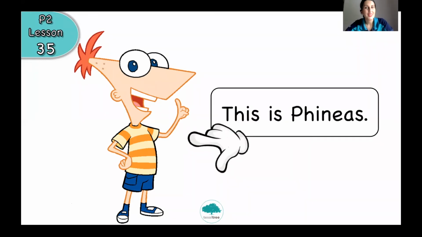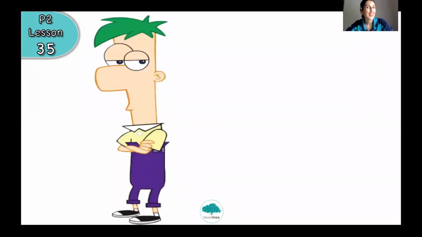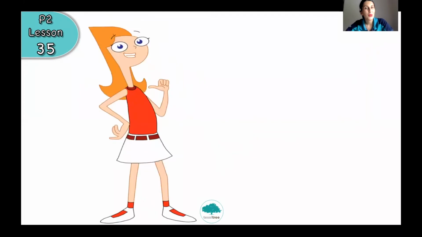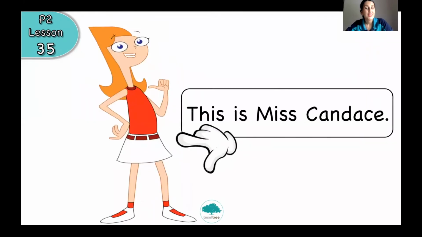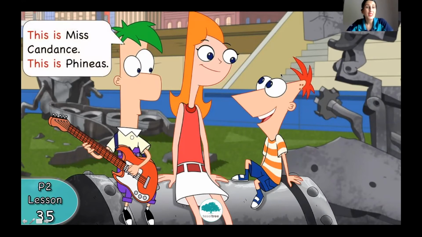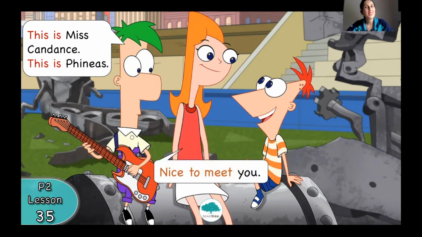Okay, let's have a look. This is Phineas. Do you remember him? And this is Verb. And one more person. This is Miss Candice. So let's have a look at their conversation. Read and repeat. This is Miss Candice. This is Phineas. Nice to meet you.